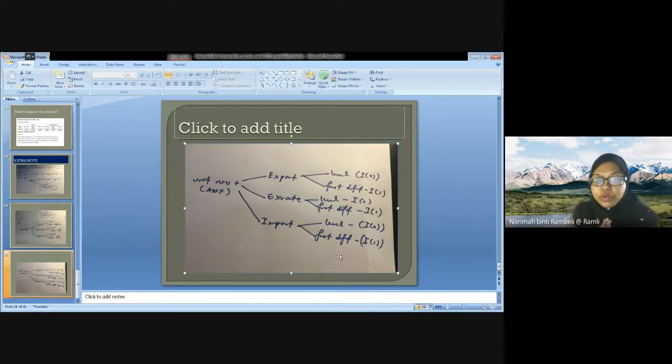You have to use the ARDL, autoregressive distributed lag model. There is some other procedure you have to follow. If your variables are mixed between I0 and I1, meaning some variables are stationary at level form, I0, and some are stationary at first difference, that is I1, you have to use ARDL.